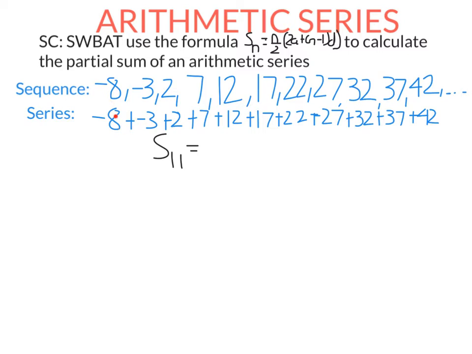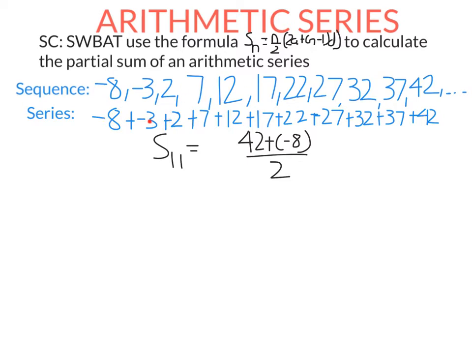So what is the average of all of these numbers here? Well, all I need to do is add the first and the last and divide by 2. So the average of all of these numbers in the sequence is 17. The average of 12 and 22 is 17. 7 and 27 is 17. 2 and 32, 37 and minus 3, 42 and minus 8.